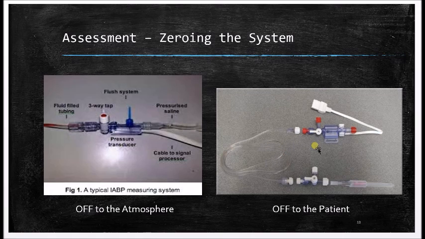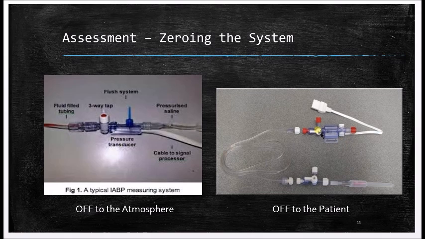And if you want to take blood, you guessed it right. This little point will be turned all the way towards the transducer, which means that it will leave the patient side open and the atmosphere side open, right? Because the little white thing will be on this side here. Once it's turned all the way to the other side, that's how you can take blood.